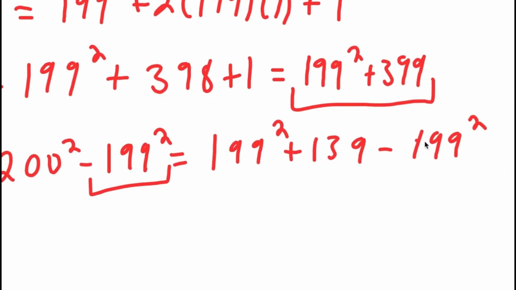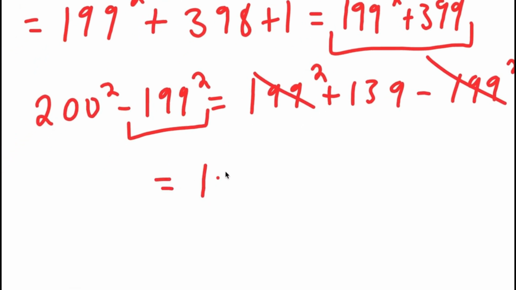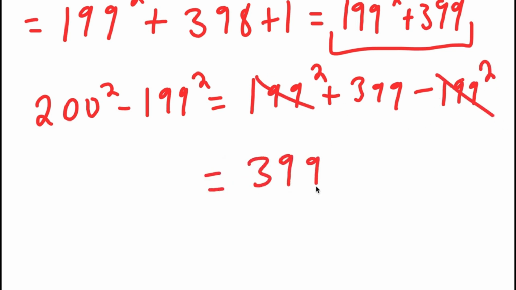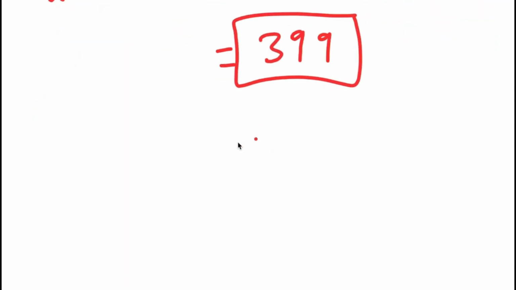So 199 squared and negative 199 squared, these two cancel out. And all I'm left with is 139. Or sorry, this is actually 399. So then these two cancel out, and I'm left with 399. So this is my answer.